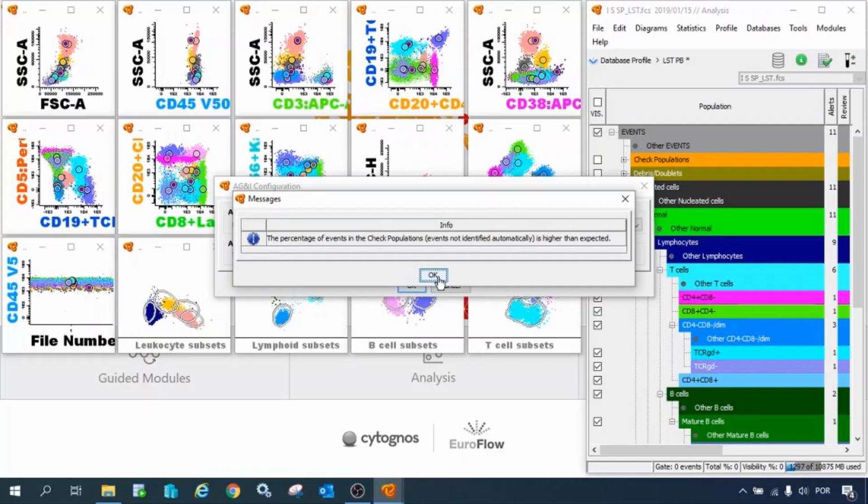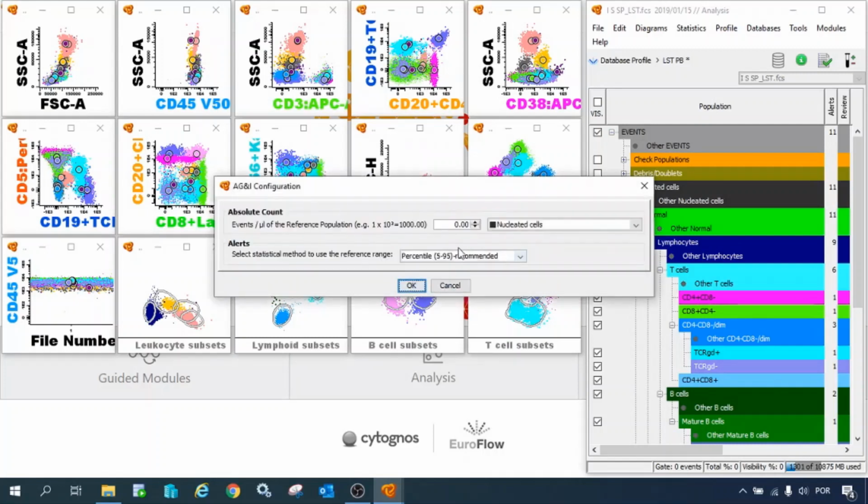After assigning all the normal populations when compared to the database, it tells me that the percentage of events in the checked populations is higher than expected.